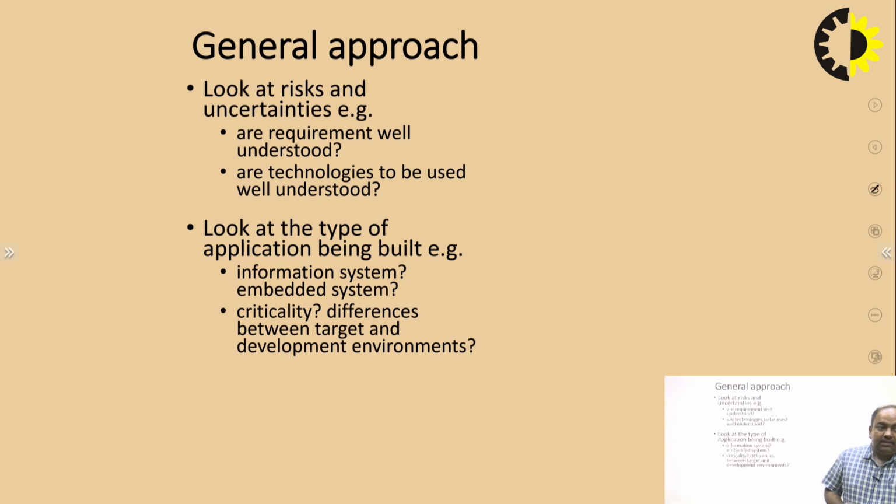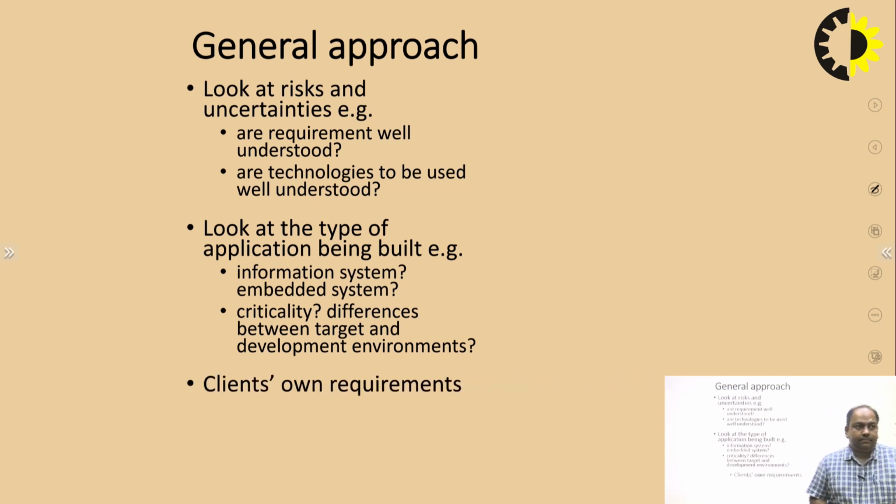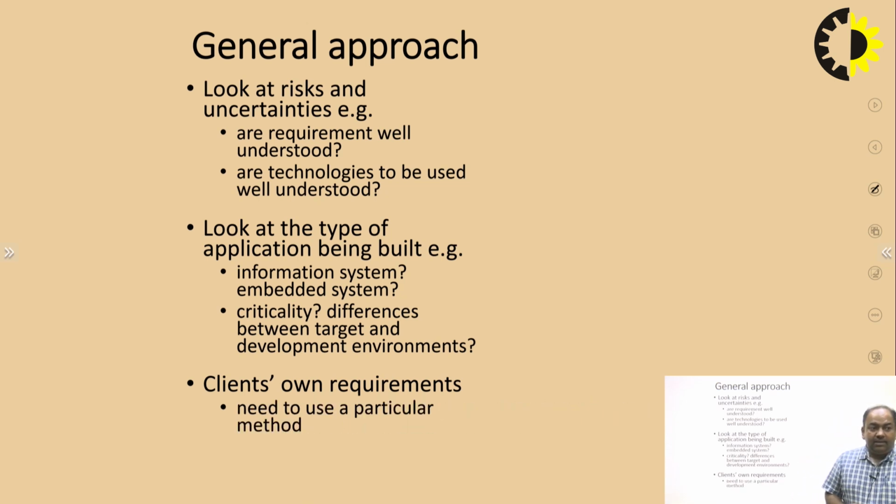We also have to look at the differences between the target and the development environment and the client's own requirement, because each client has its own requirement and needs to use a particular method.